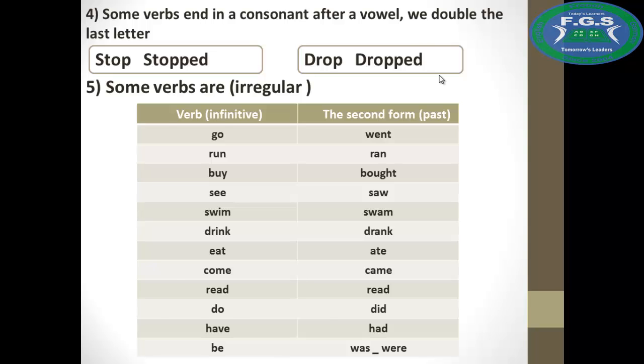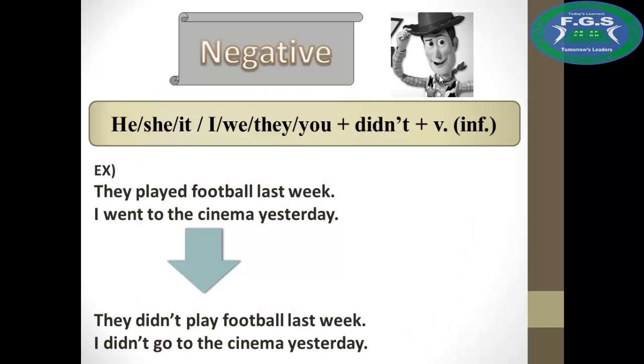What about the negative? In the negative, we use the subject, which is he, she, it, I, we, they, or you, plus didn't plus the verb in infinitive. For example, they played football last week, or I went to the cinema yesterday.